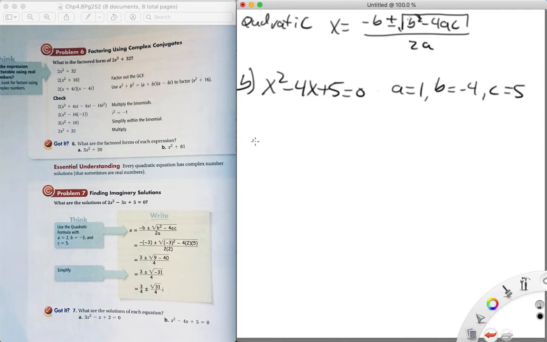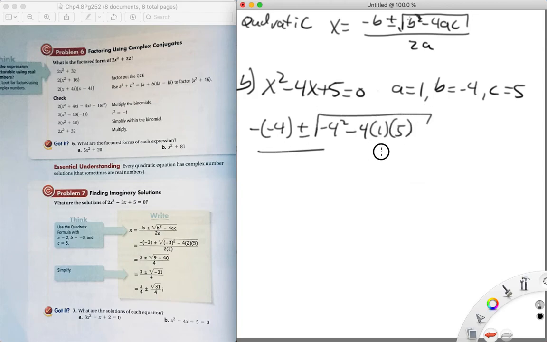So for this one, negative negative 4 plus or minus the square root of negative 4 squared minus 4 times 1 times 5, over 2 times 1.